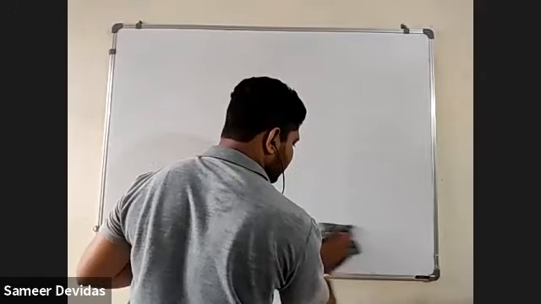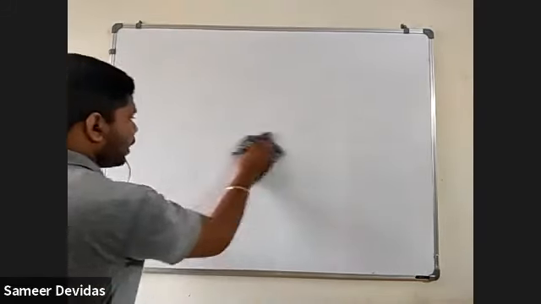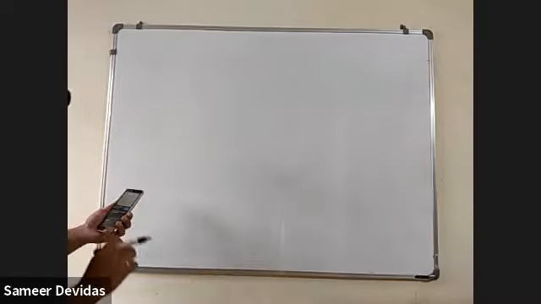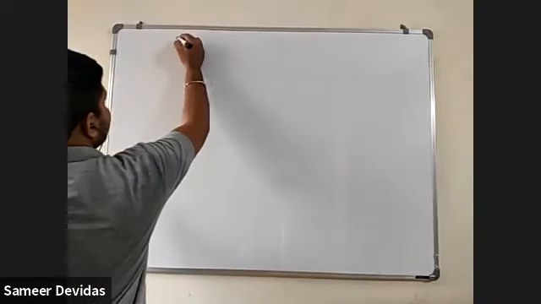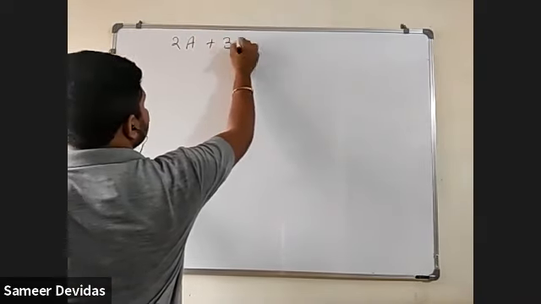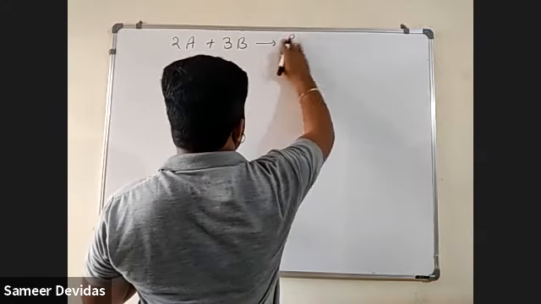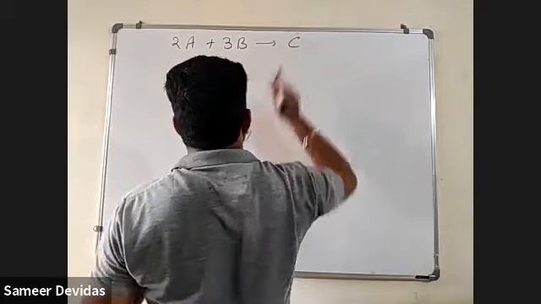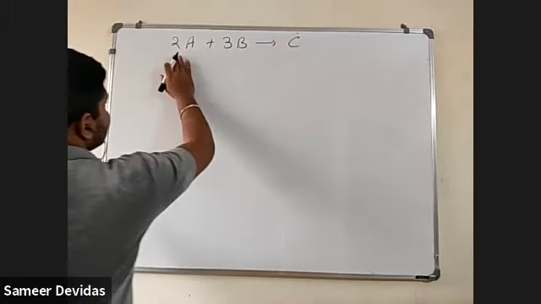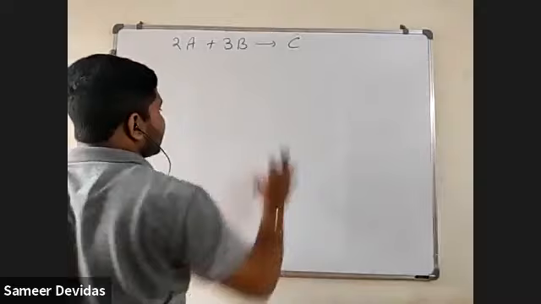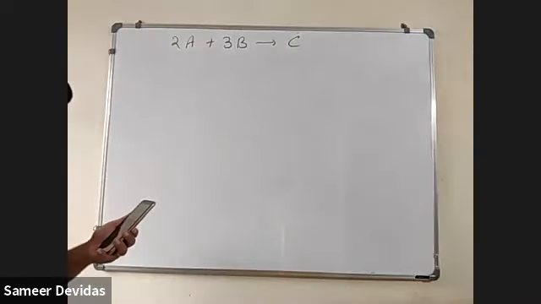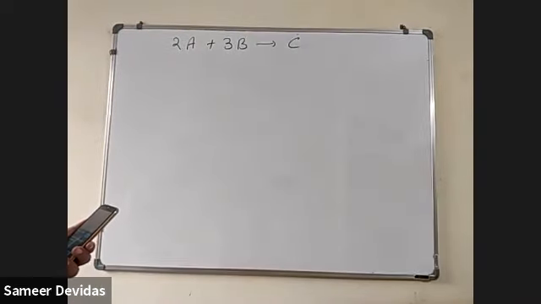Be active. Okay, so we'll take one chemical reaction here: 2A plus 3B, and we are getting a product, we will say C. So the chemical reaction is 2A plus 3B gives C. A general chemical reaction. Write it down.